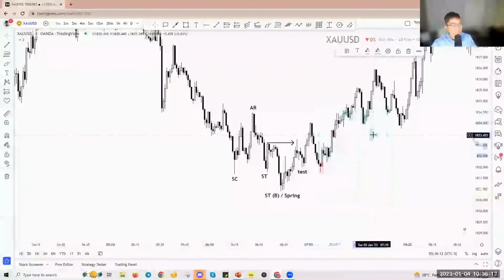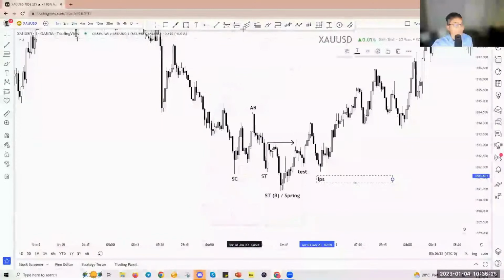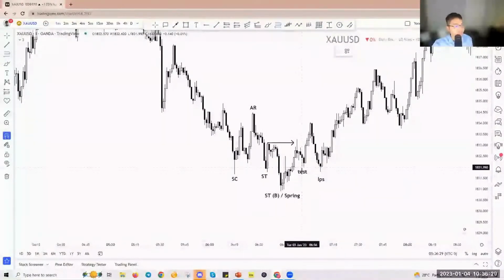Next we have the last point of supply. Price goes up, breaks. How do we enter? We can possibly enter at the 61.8% Fibonacci area. Same thing, moving up, 61.8% area, you try to enter there.